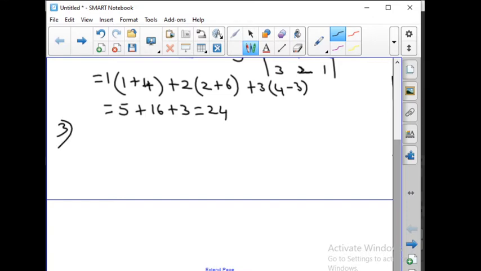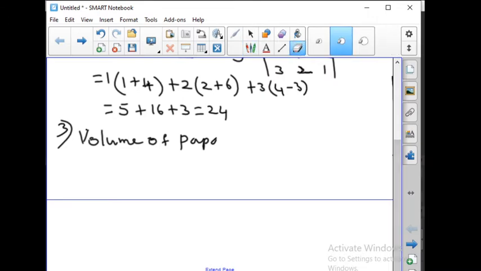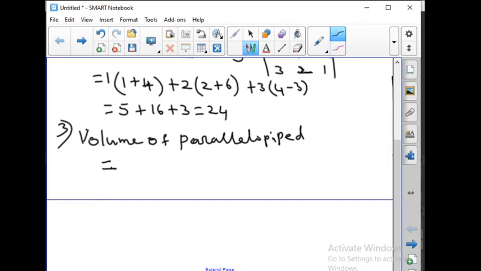Okay, volume of parallelepiped. Volume of parallelepiped is nothing but the box product of A, B, C, and it is given as 90.